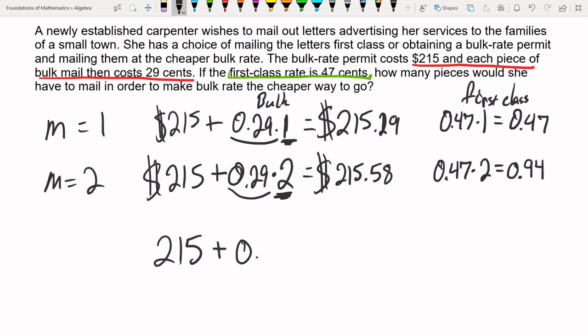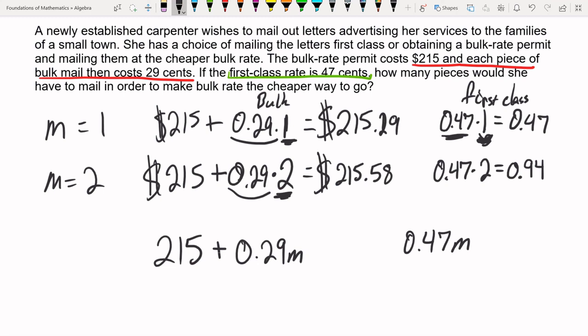So we have 215 plus 0.29 times m. That's the cost of each piece of mail, however much mail you send out at the bulk rate. The first class is likewise, it's 47 cents for each piece of mail that you send out. It's going to be 0.47 times m.